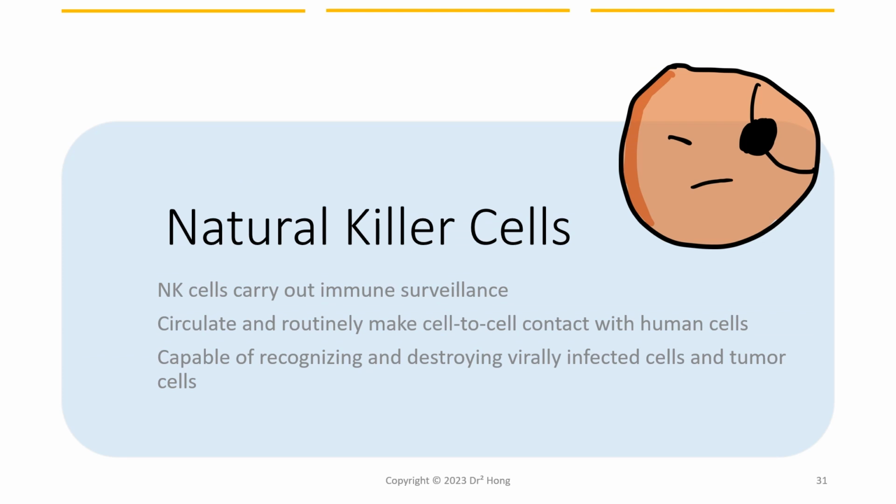Now let's look at natural killer cells, which carry out immune surveillance, and they often circulate and make cell-to-cell contact with other human cells. Why do they do that? Well, they are going to recognize and destroy viral infected cells and also tumor cells.